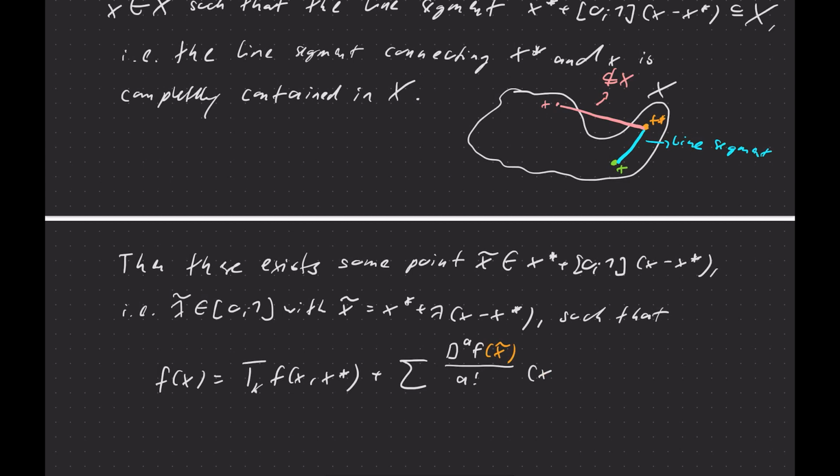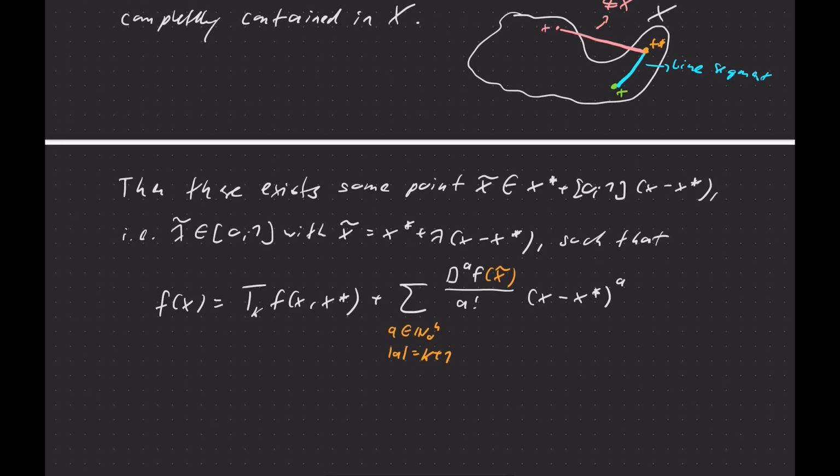Yeah, all the rest stays the same, with the sum going over all a in N0 to the n, where the absolute value of a is exactly k plus 1. And that's why we need f to be k plus 1 times continuously differentiable. Okay, so this part here, this is the remainder in Taylor's formula.